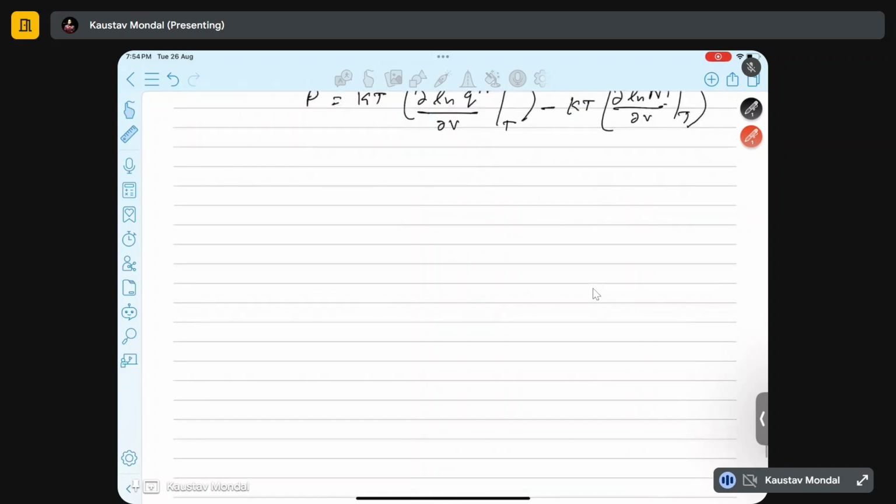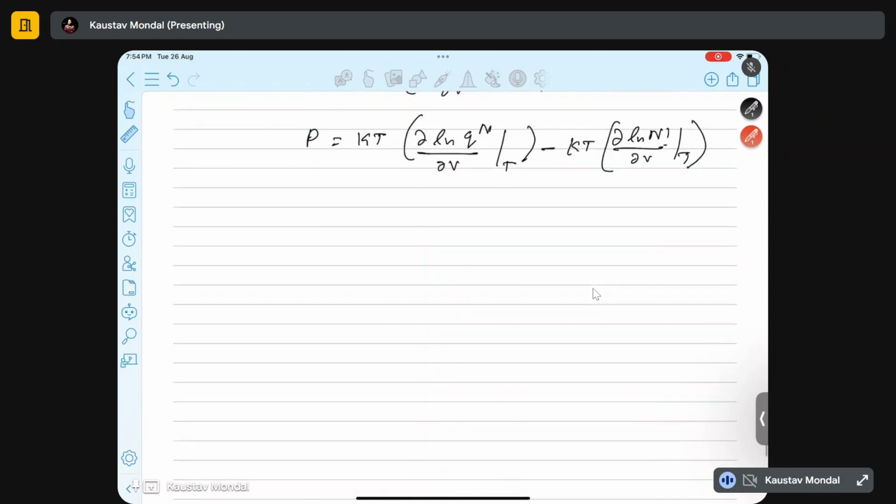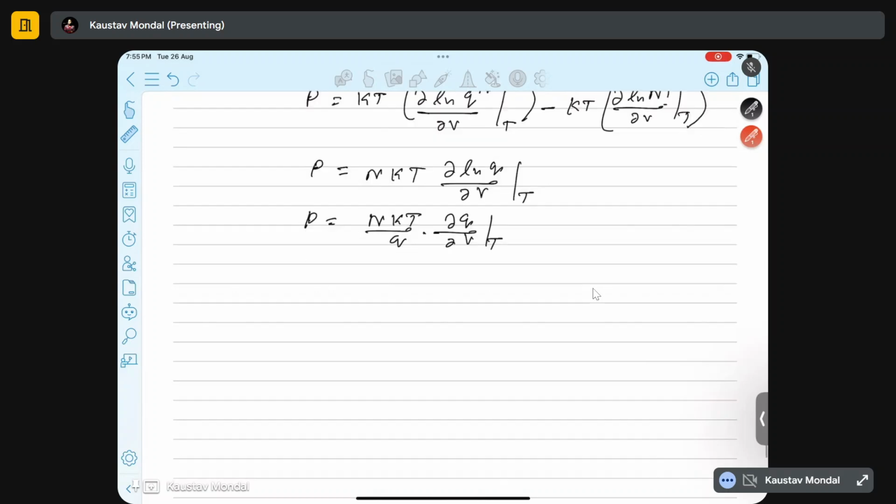Doing the first derivative, P would be NkT by q times delta q by del V at constant temperature.